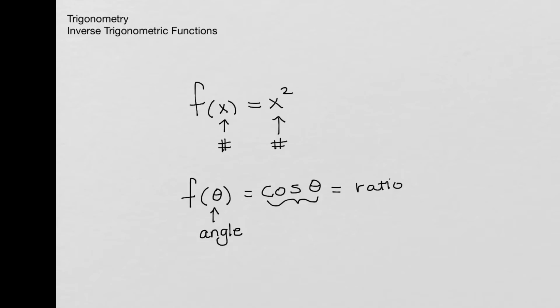And in the case of cosine, that ratio would be x over r. And of course, if we change the trigonometric function to tangent or cosecant or something like that, then the ratio changes. But in any case, we have the angle as the input and the ratio as the output. And that's what we're going to want to be conscious of in these problems.